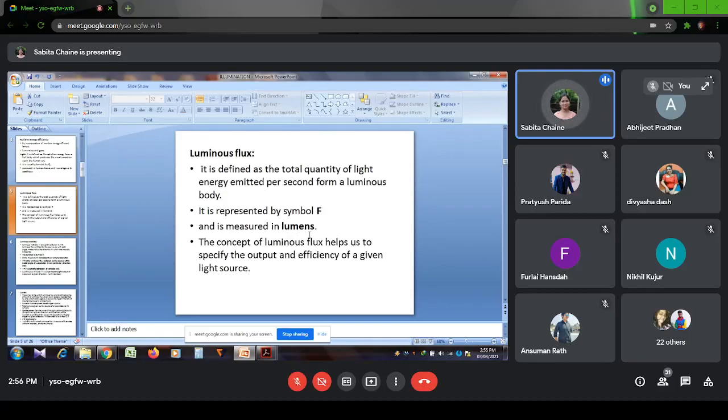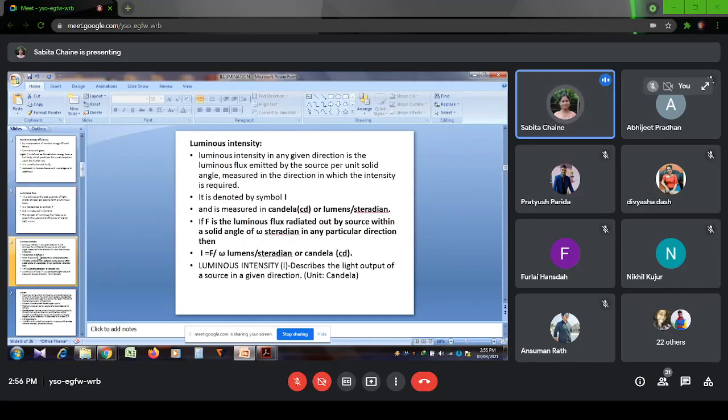This is luminous flux, the unit is lumen. Then you go for the luminous intensity. For intensity, the term is I, luminous intensity. Previously that was energy per time. Here the luminous intensity is in any given direction.